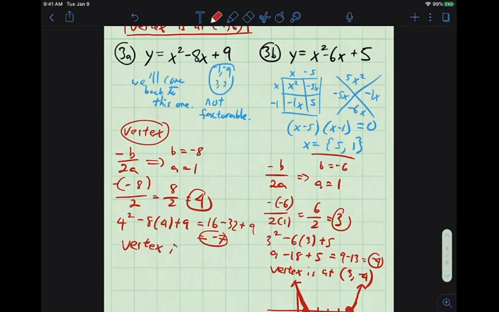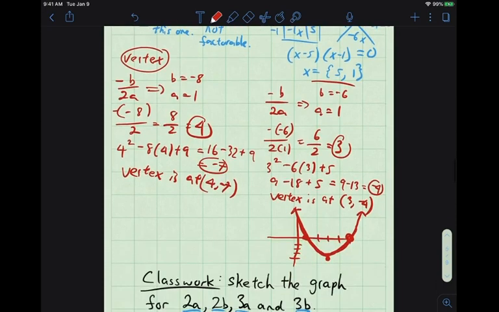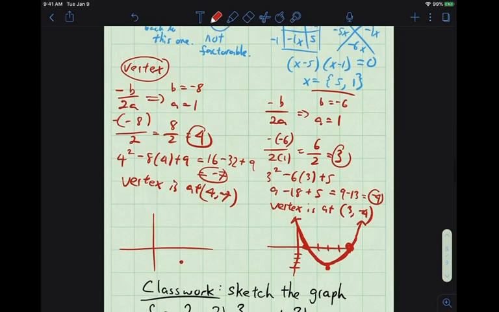Vertex is at 4, -7. This one opens upwards. It looks something like this.